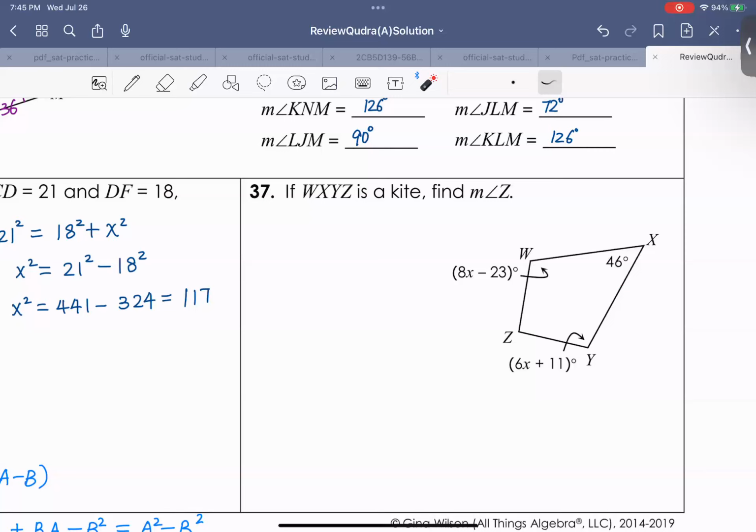And Timothy, you got x good, but you didn't give me angle Z. You haven't completed your work yet. Can you finish? Steve, Annie, both of you do good.